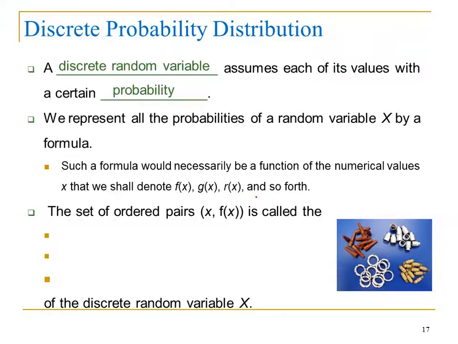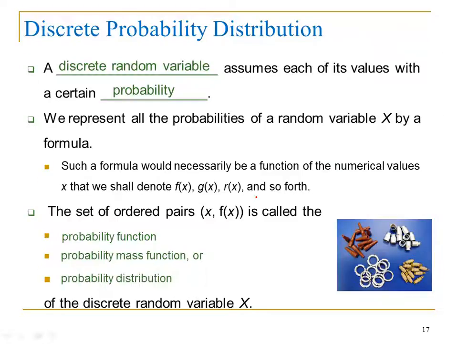So this is a function of x. The set of ordered pairs x, f of x, is called a probability function. You provide a value, and you want to know what is the function value based on this value that is provided. So the probability function, a probability mass function, or a probability distribution.